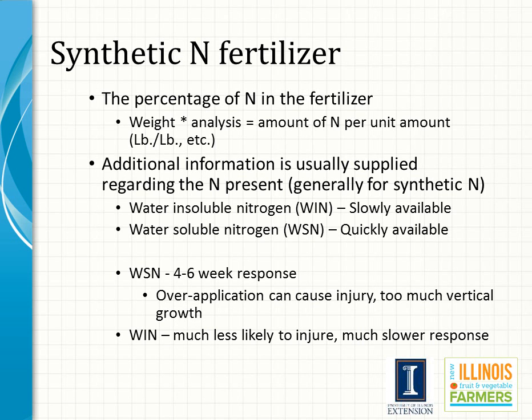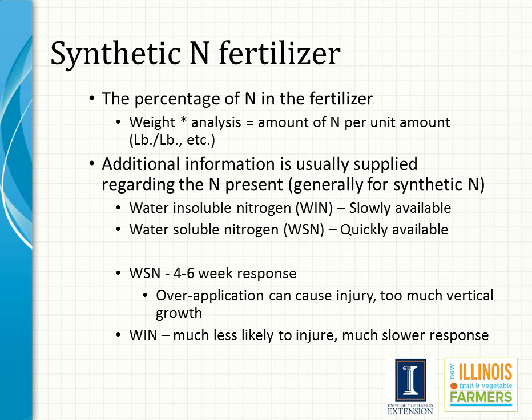The amount of nitrogen labeled on a nitrogen fertilizer is a percentage of the weight of the fertilizer in question. Simply put, a fertilizer that is 46% nitrogen contains 0.46 pounds of nitrogen per pound of fertilizer. The nitrogen in the bag is often further delineated into water-insoluble nitrogen and water-soluble nitrogen.